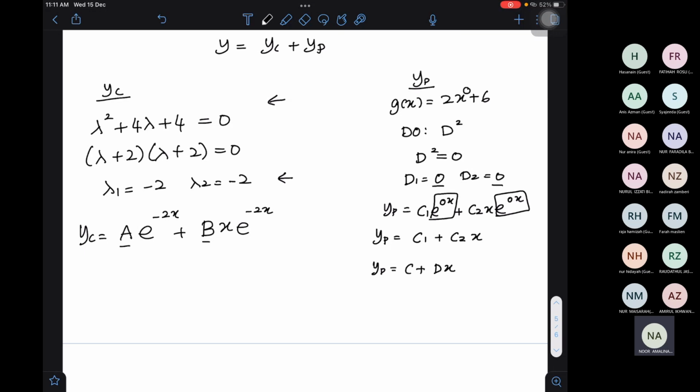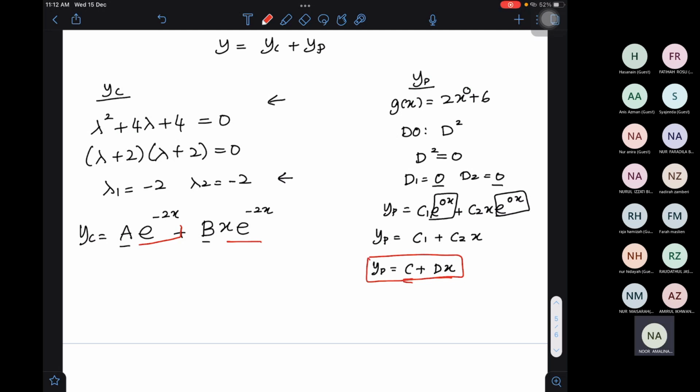Dan awak kena ingat sebelum ni kita dah tengok YP dan YC tak boleh mempunyai function yang sama. Kalau ada function yang sama kita kena modify. So kita kena check. Ada tak dekat YC ni constant sahaja? Tak ada. Semuanya ada exponent. Dx ada tak kat sini? Tak ada. So we can proceed dengan YP. So ini adalah form of YP.